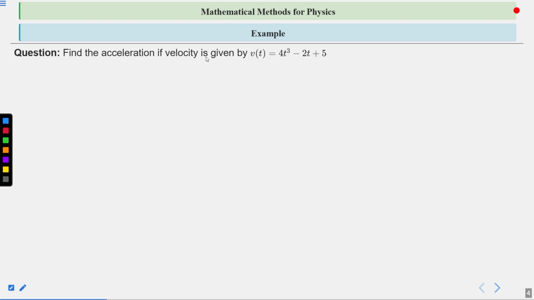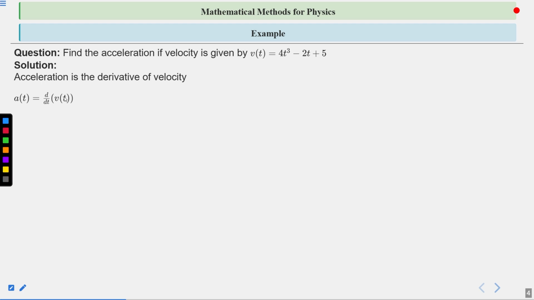Find the acceleration if velocity is given by 4t cube minus 2t plus 5. Here you have to find the acceleration from velocity. Solution: acceleration is the derivative of velocity, or we know acceleration is the rate of change of velocity.